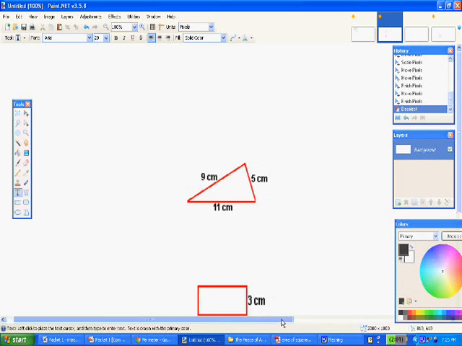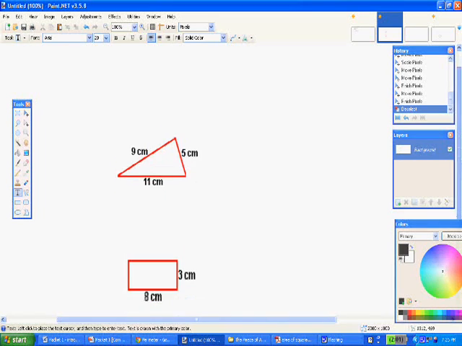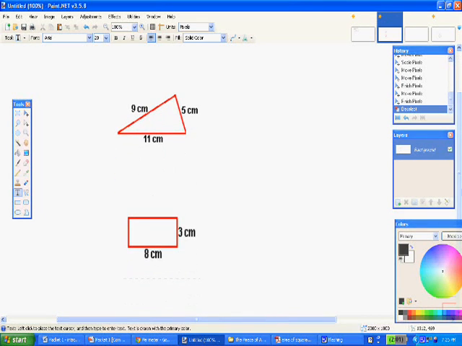Go ahead and copy down these examples first before we do them. Okay? And here we're trying to find the perimeter of each shape. In this example, we have a triangle, and this triangle has the lengths of the sides 9 centimeters, 5 centimeters, and 11 centimeters.